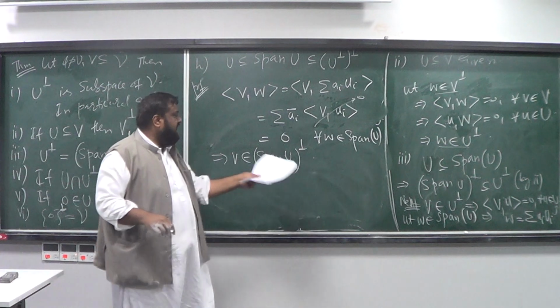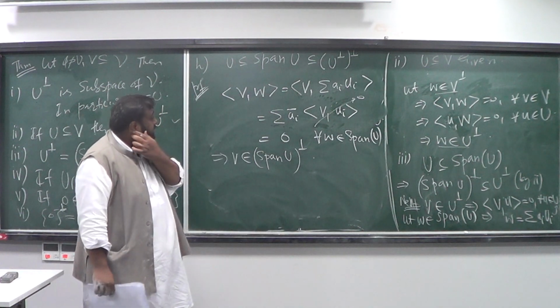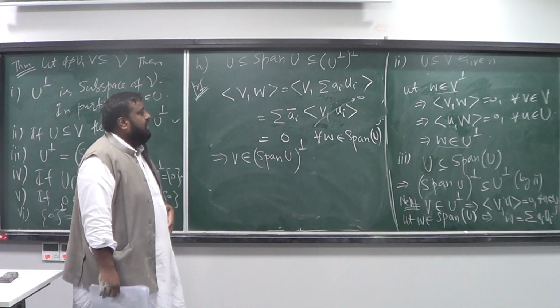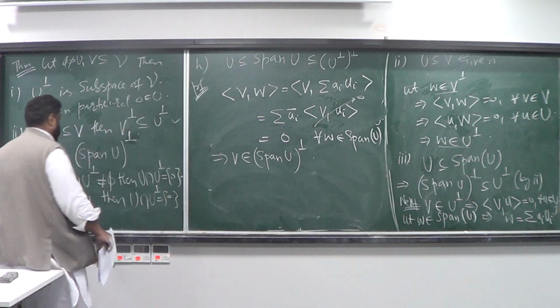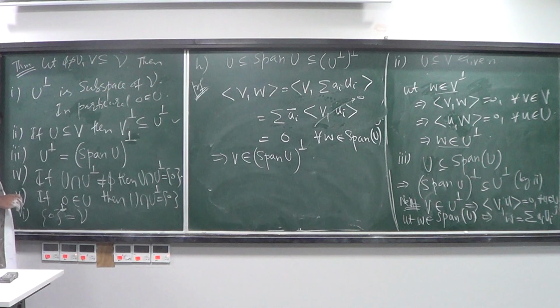So V is here and V is also in the span of U perp. So what does this show? That span of U perp is equal to U perp actually.